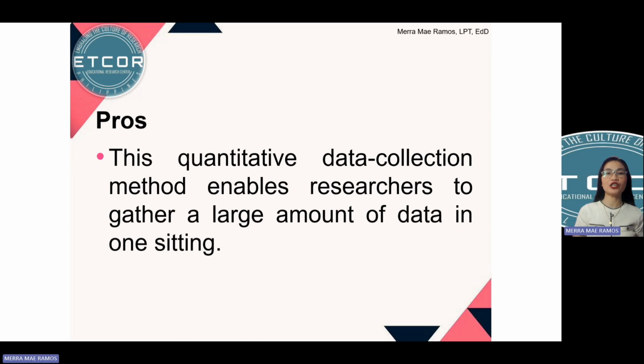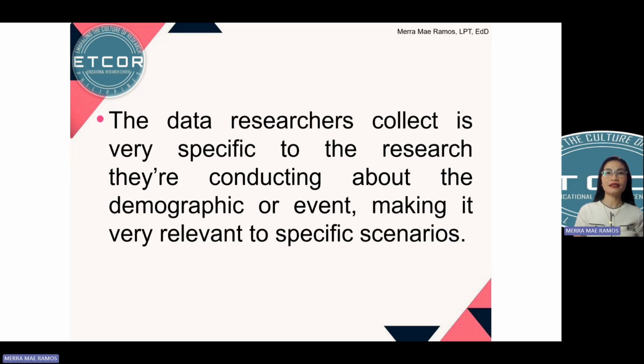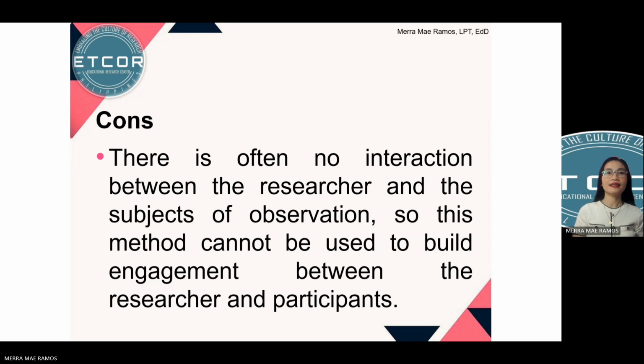Advantages of observations. First, observations allow the researcher to gather a lot of research data in one setting or snapshot. Second, the data collected from the observations are very specific to the researcher's targets or objectives. Disadvantages of observations. First, oftentimes there are no interactions between the researchers and participants, so connections are difficult to establish.